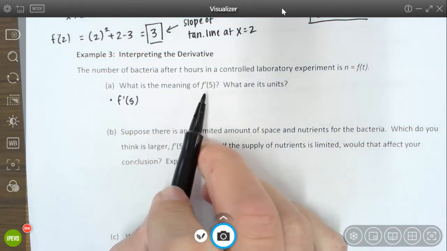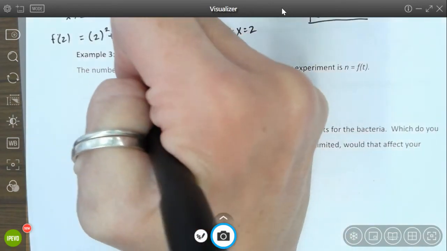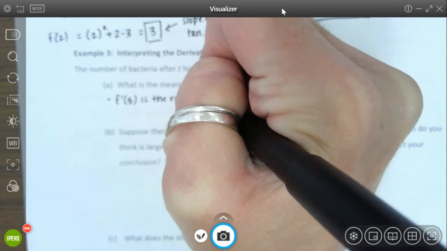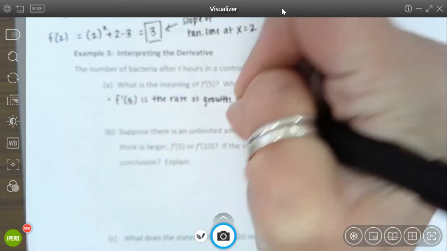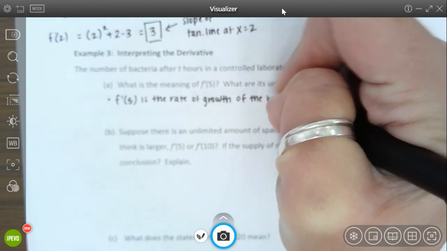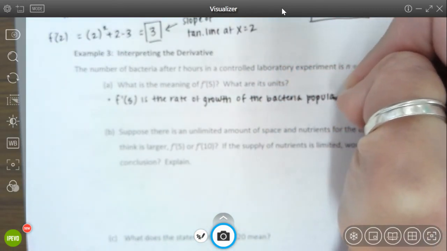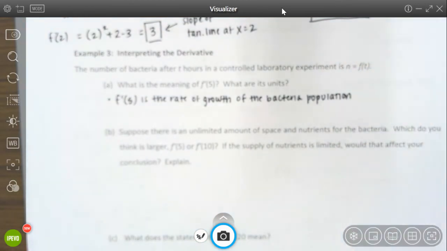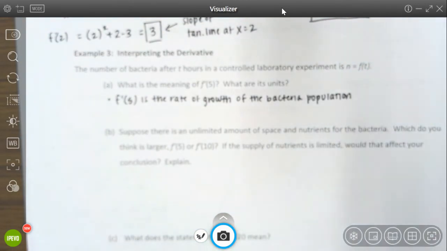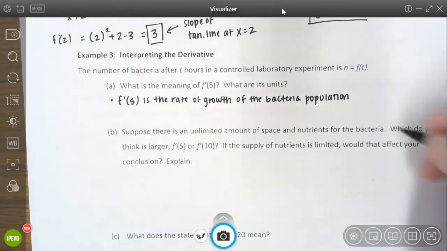It is a rate of growth. And I know it's growth because we're talking about a positive value here. So it is the rate of growth, specifically of the bacteria population. And the 5 is representing the t value. So here we're saying that that's going to be the growth rate at a specific time of 5 hours.